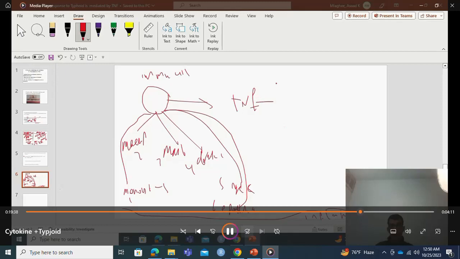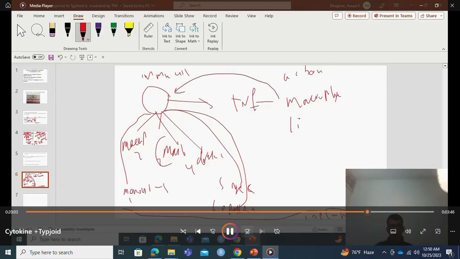TNF acts on immune cells and non-immune cells, like macrophage. This looks like positive feedback.